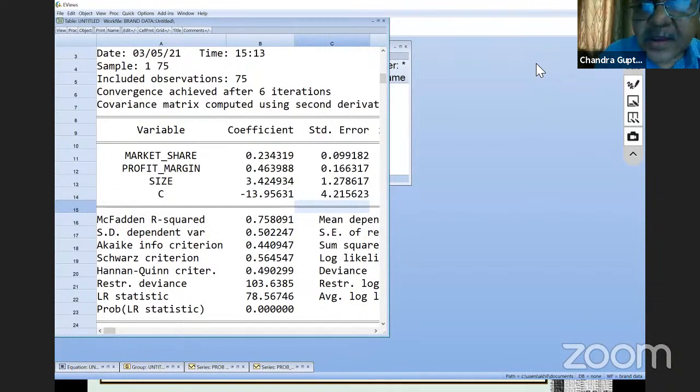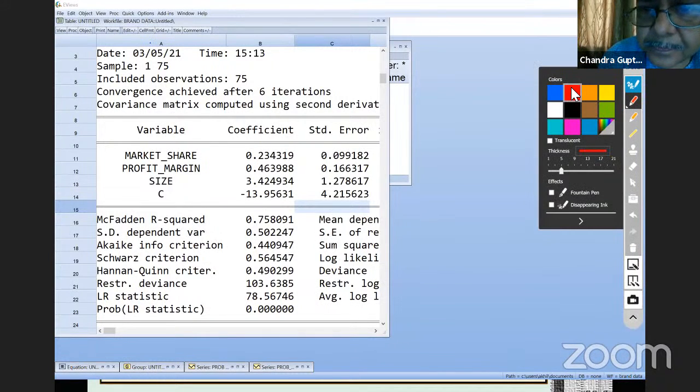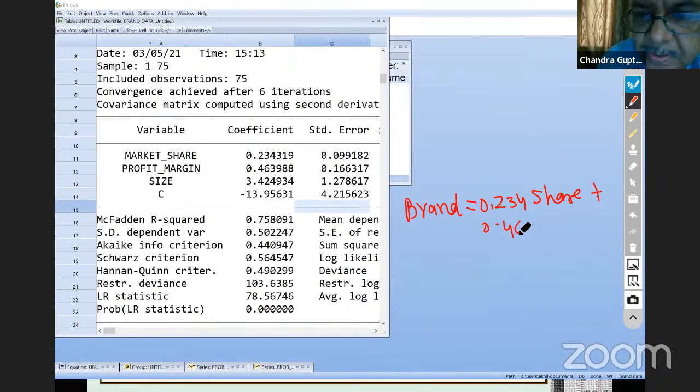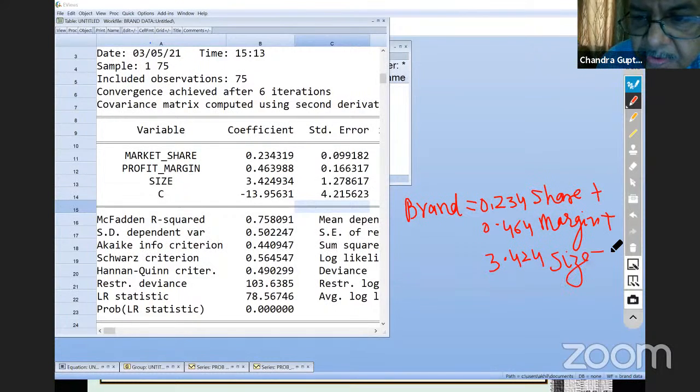My estimated equation is brand equals 0.234 market share plus 0.464 profit margin plus 3.424 size plus error.